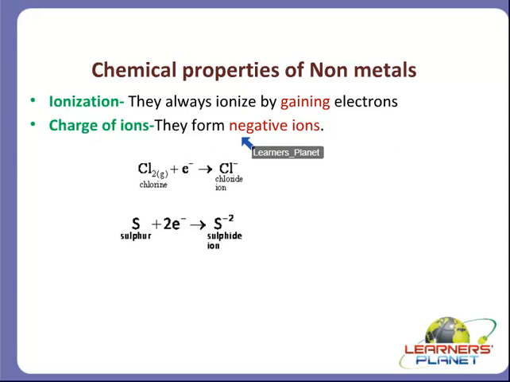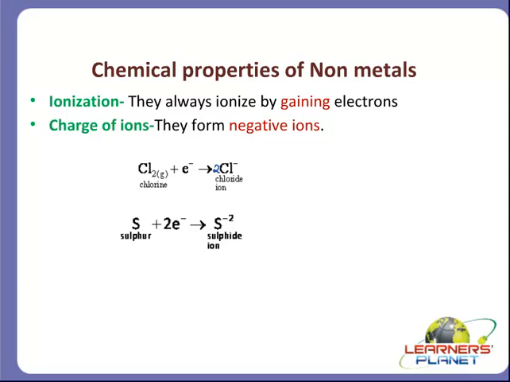So what type of ions do they form? They form negative ions. Like chlorine gas, Cl exists as Cl2, and it will form what, children? It will form chloride ion, or I can write here 2Cl minus. And similarly sulfur will take up 2 electrons and form sulfide ion.